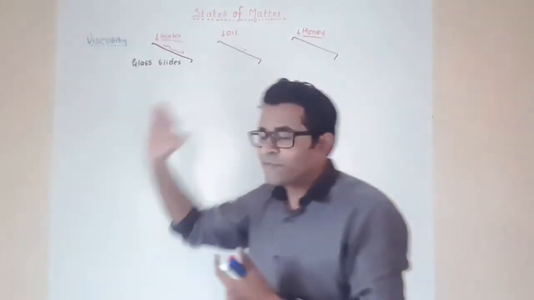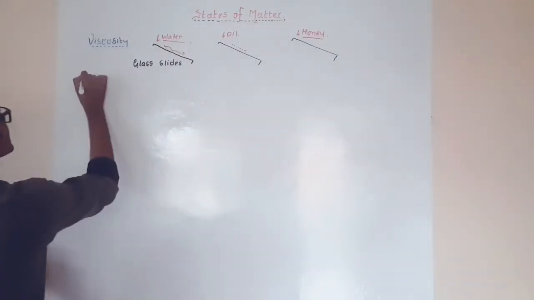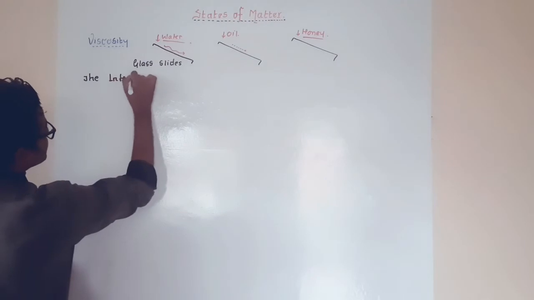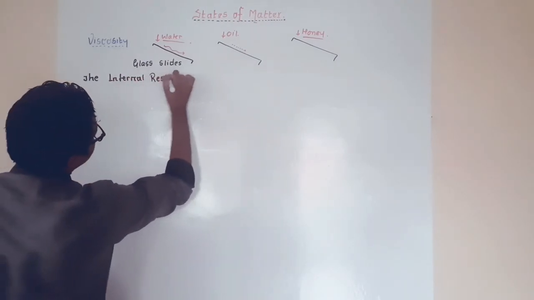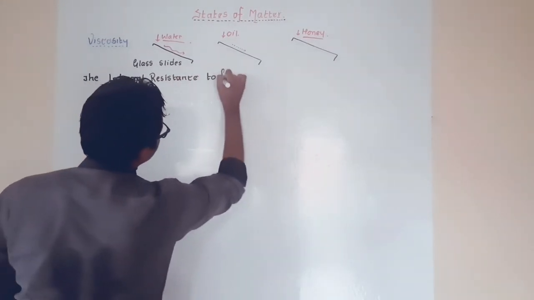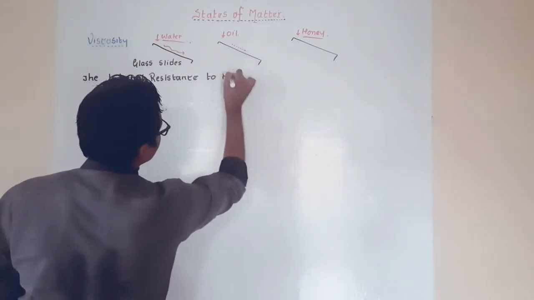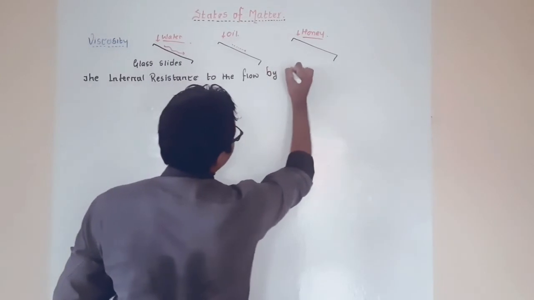Now, this particular phenomenon, that is the internal resistance of the liquid to the flow of it, is called the viscosity. So, if we want to define viscosity, it is the internal resistance to the flow by the liquid.